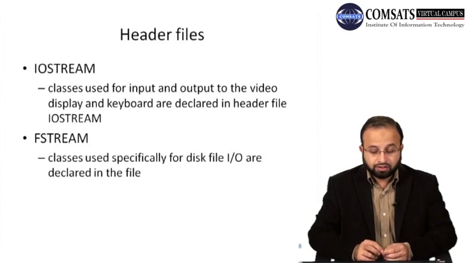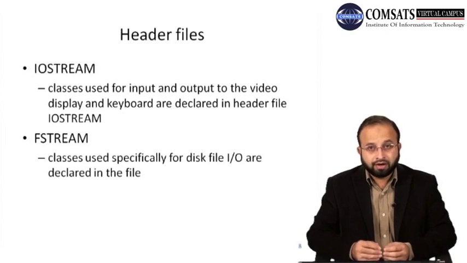Now, fstream classes are used specifically for disk file operations and are declared in a file. That is, if you are performing an IO operation with a file, then you have to use fstream classes, right? So using the object of an fstream class, you can perform either read or write operations from or to the file.